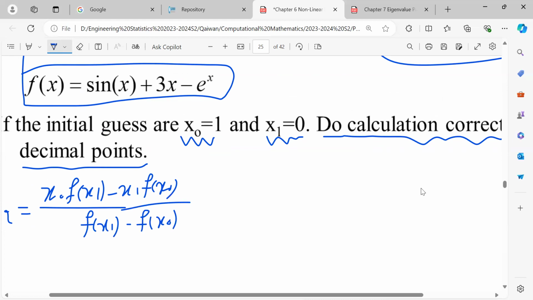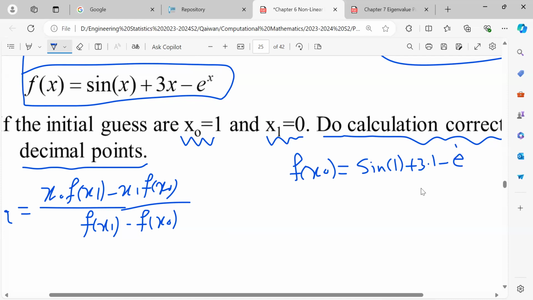So for this, we need to evaluate the function at both x0 and x1. f of x0, if x0 is 1, is sine 1 plus 3 times 1 minus e to the power 1.